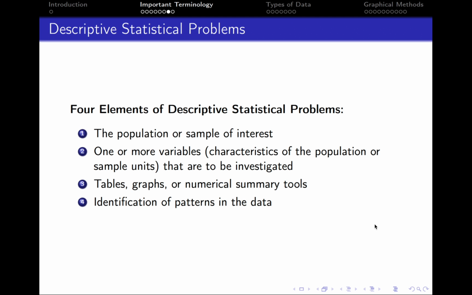After this, you need to present some tables, graphs, or numerical summary of those variables, like let's say the average wage, the average age of a voter, the race of a voter, so information like this. And then after this, you need to describe or interpret some patterns in the data. Let's go back to those voters from California, whether females tend to vote for this person more than males, and so on and so forth. So to see whether there is something interesting happening in your data.